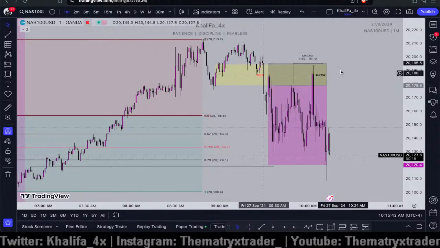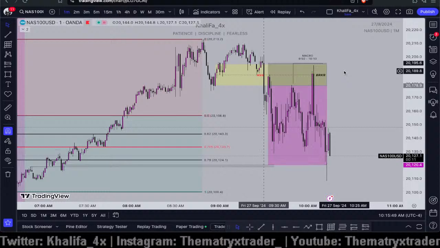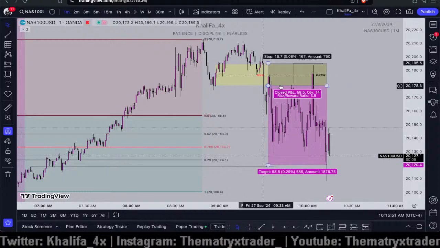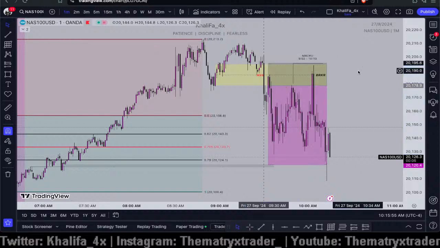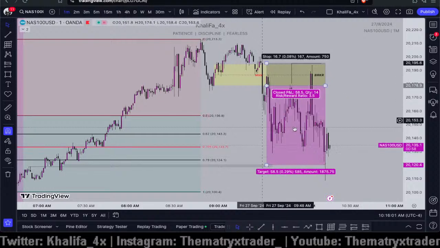The macro is playing its role. It's giving you the re-entry. That's all it's doing. The only thing that makes the difference is that I gave you a way too early entry, or you can say the very first entry. Then it gives us a second entry, and then a third entry.